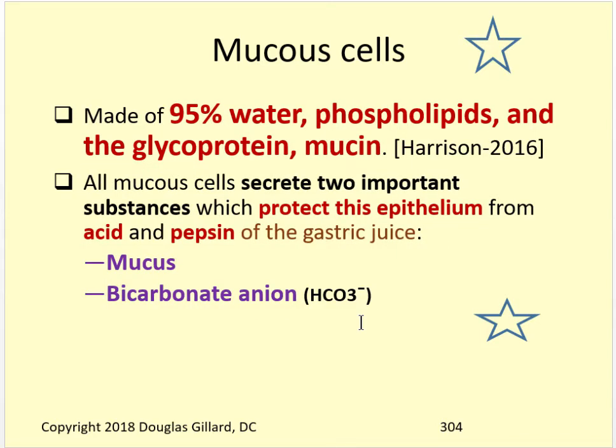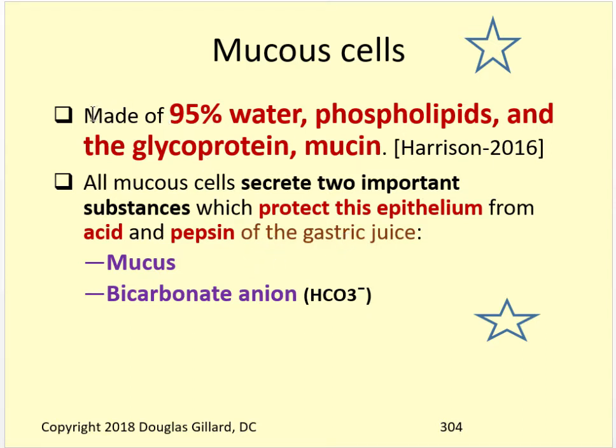Mucus is made of 95% water, phospholipid, glycoproteins, and mucin. All mucus cells secrete two important substances which help protect the epithelium from back leak and from damage of acid.